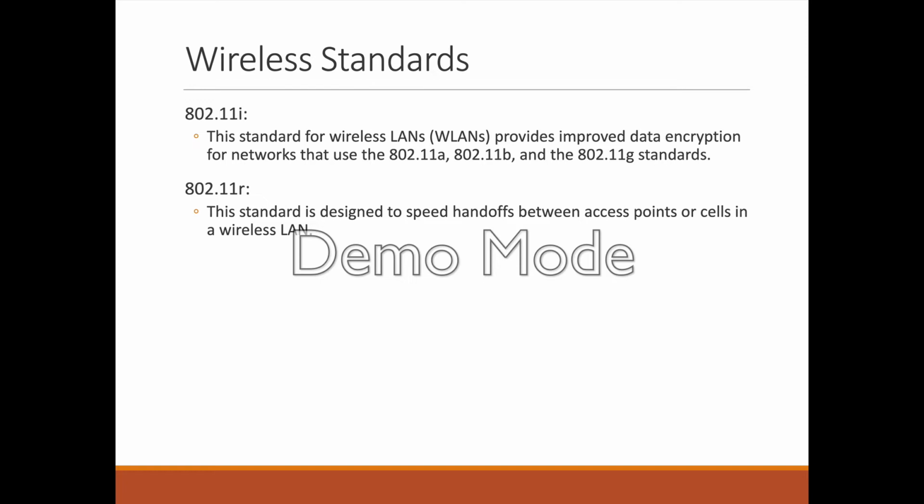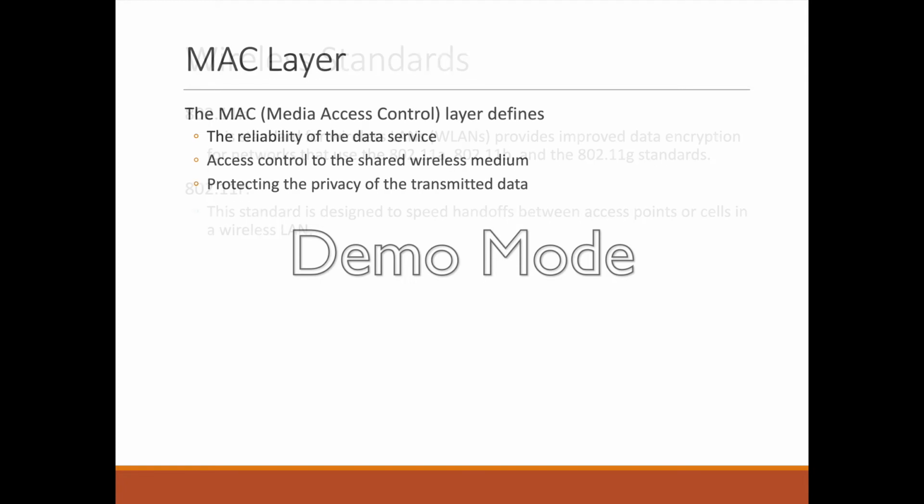So this is like back in the 2004 timeframe. So as you see, we're going backwards here. It did improve over time, which was important. And the R came out in 2008, right before the 2009 one came out, and it did provide better access points.